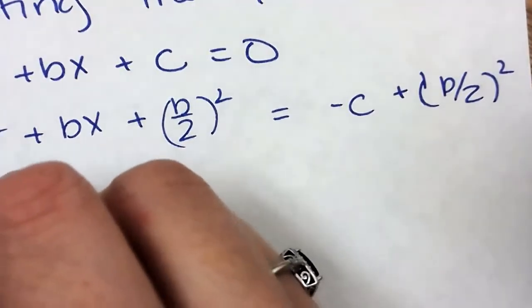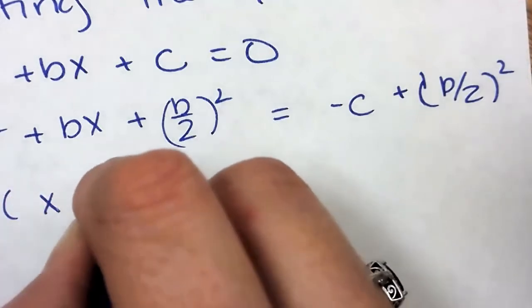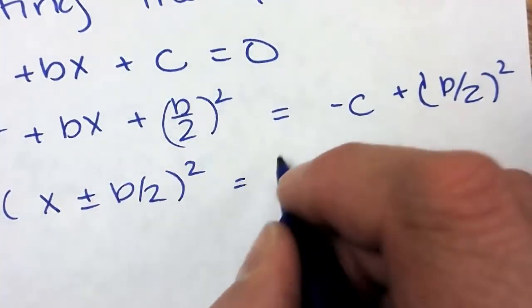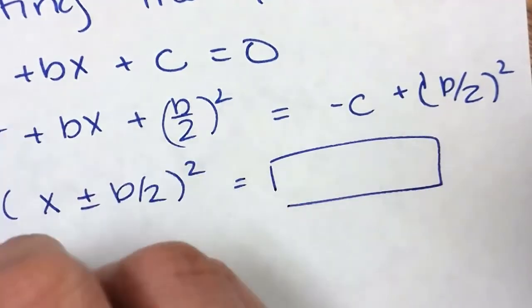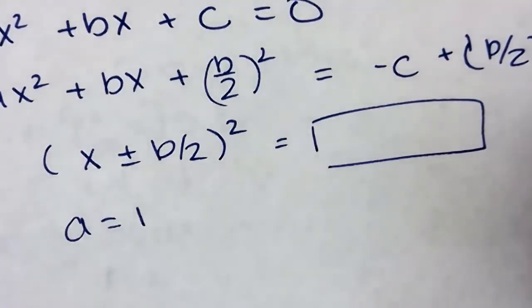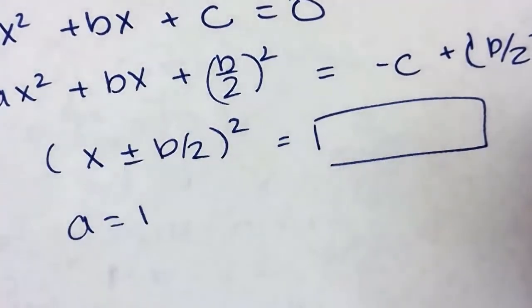And that factors as x plus or minus b divided by 2 squared equal to that value over there. And this only works if a is equal to 1. If a is anything greater than 1 or less than 1, you have to divide it out.